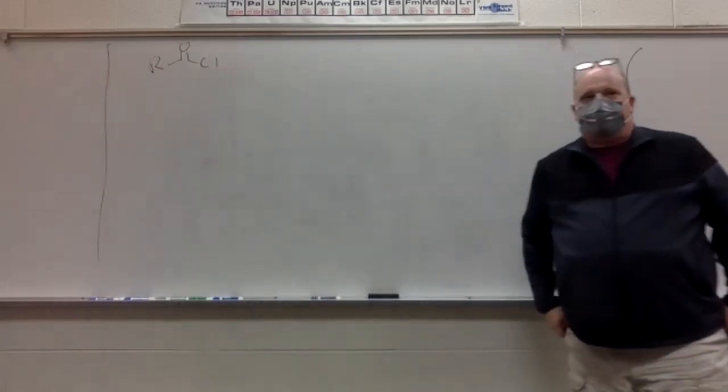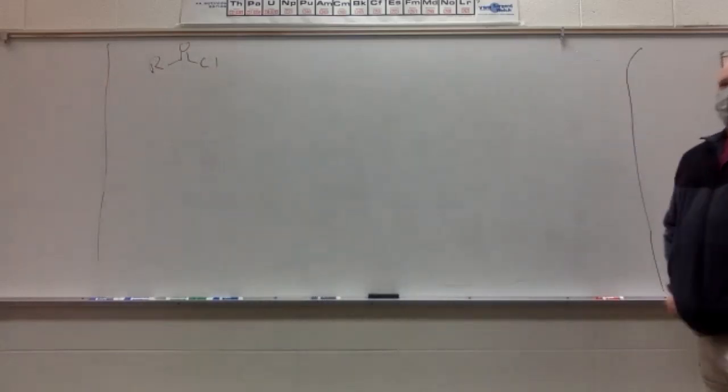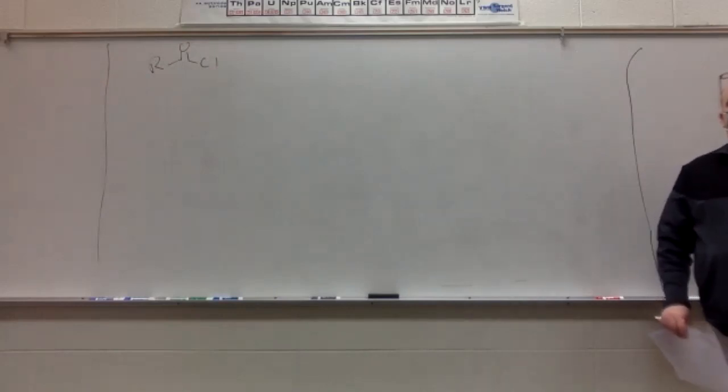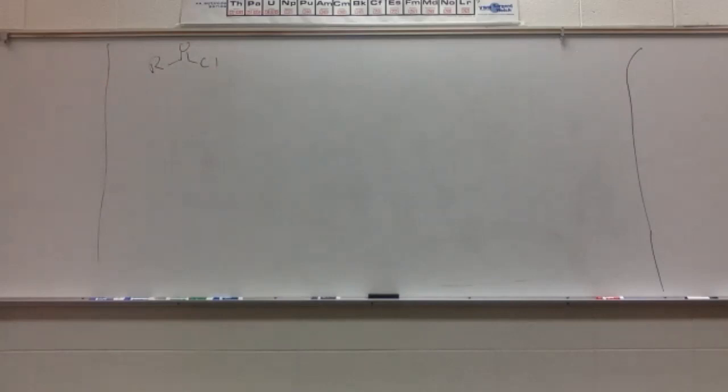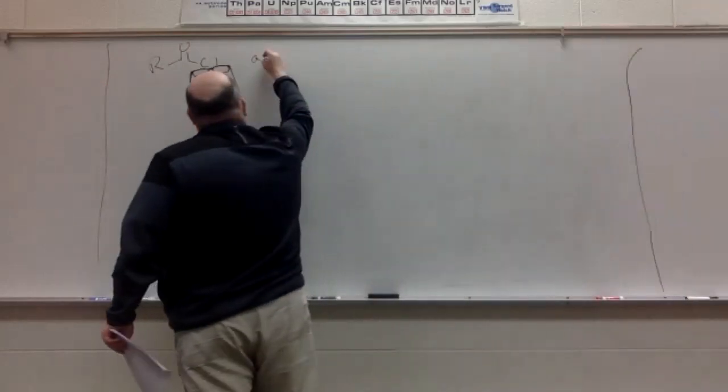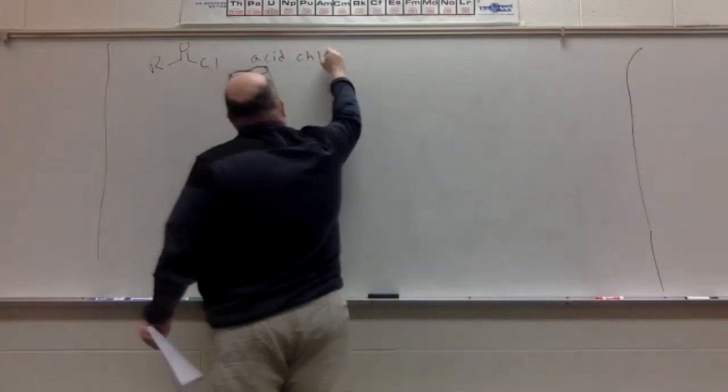So what type of molecule is that? Y'all remember? What do we call it? Carbonyl group with Cl. That is an acid chloride. Yep. So we're going to look at acid chloride nomenclature.